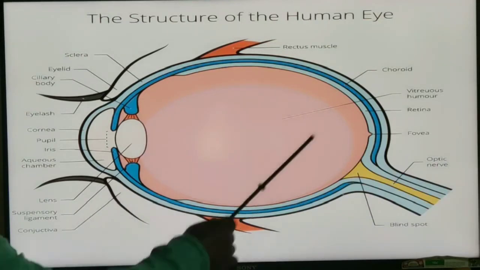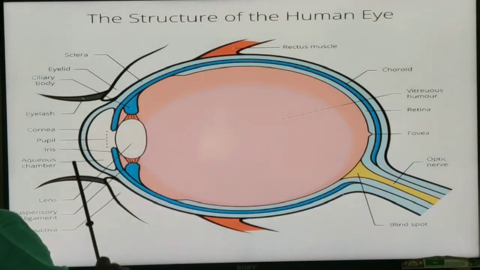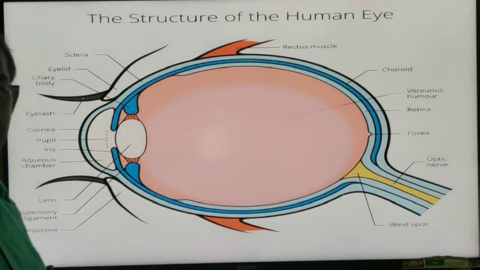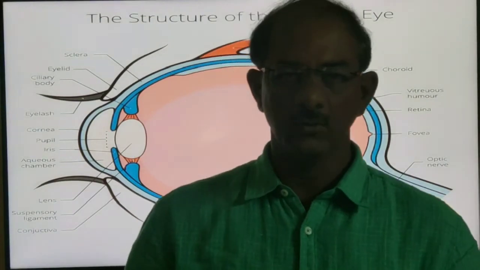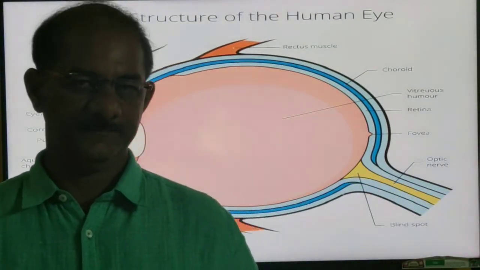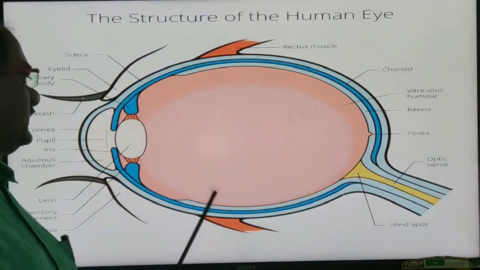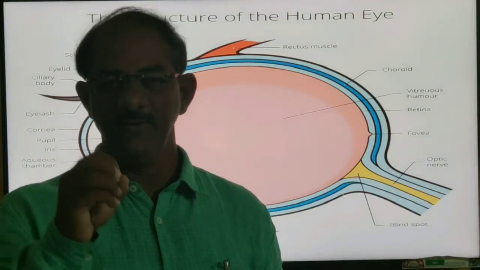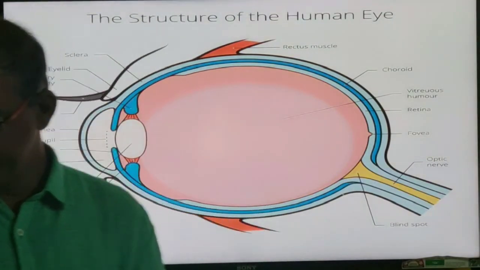One is the fibrous coating. Here the outer coating of the eye is covered by fibrous connective tissue, so that coating is called the fibrous coat. The middle coating is called the vascular coat.